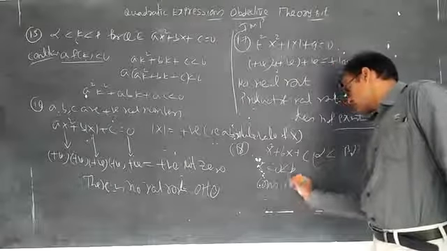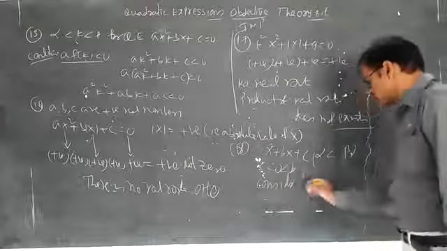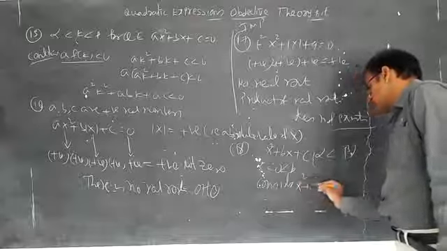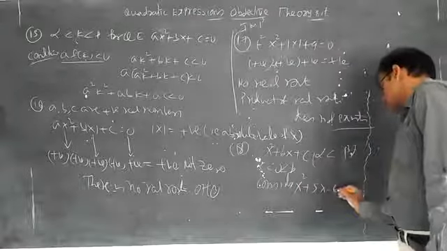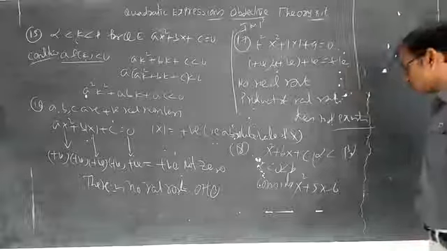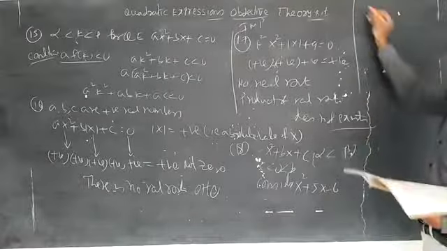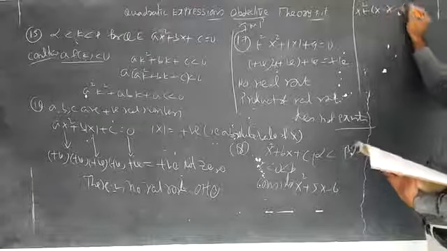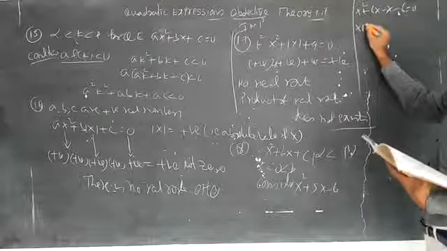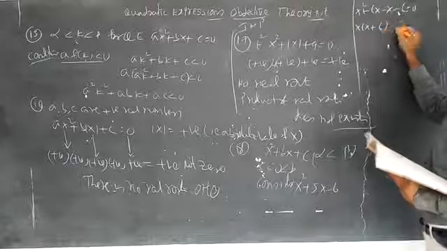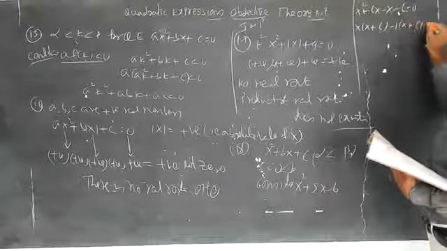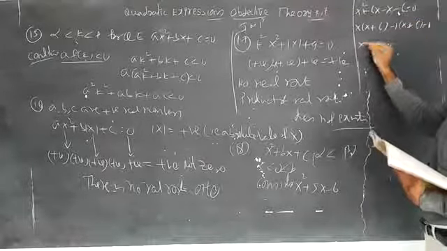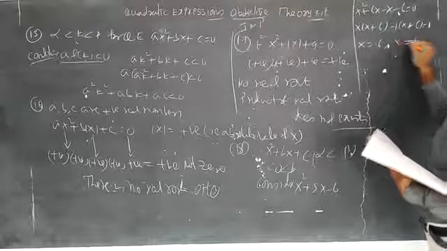Consider x square plus 5x minus 6, or x square plus 6x minus 6 taken as x square plus 6x minus x minus 6 equal to 0. Taking x common, x plus 6, minus 1 common, x plus 6 equal to 0. So x is equal to minus 6, x is equal to 1.